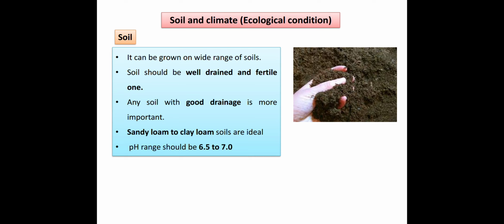Then for soil and climatic conditions, as with other rabi crops, it can be grown on a wide range of soil. Soil should be well drained and fertile, and it can be grown on soils ranging from sandy loam to clay loam with a pH range of about 6.5 to 7.5.